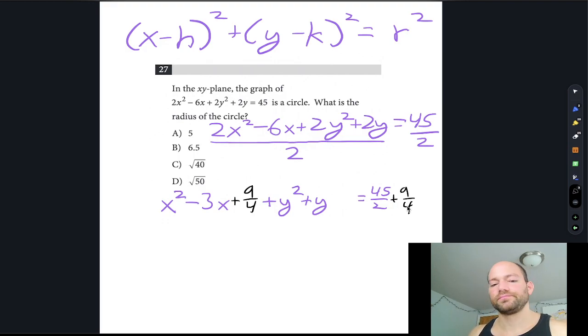Now let's do the same thing with the y. What number's in front of the y? Well, nothing, so a 1 is there. So, two-step process. First, we cut it in half. What's 1 cut in half? It's a half. Now, square that. That's a 4th. Add a 4th here. Add a 4th here.